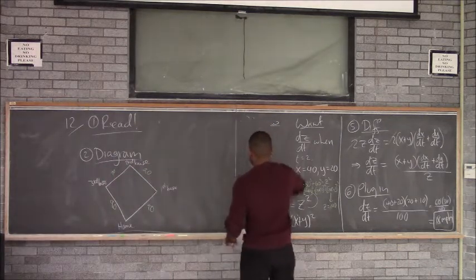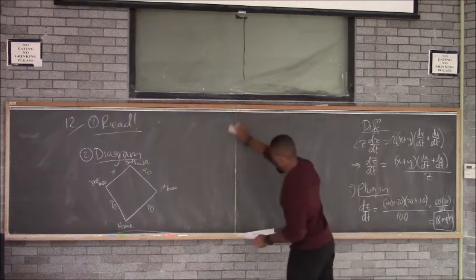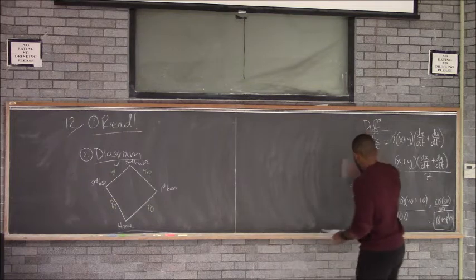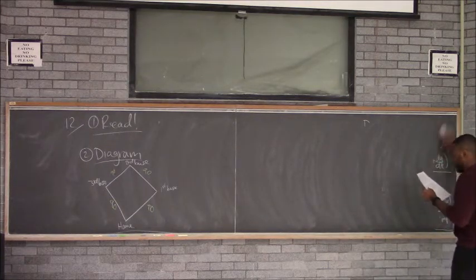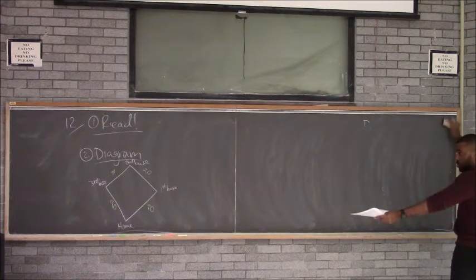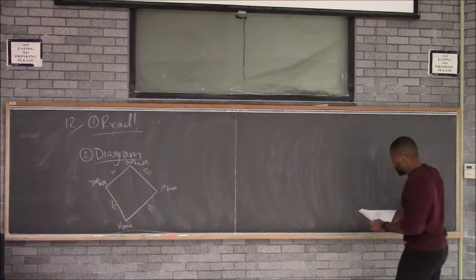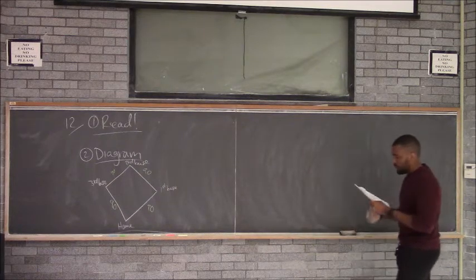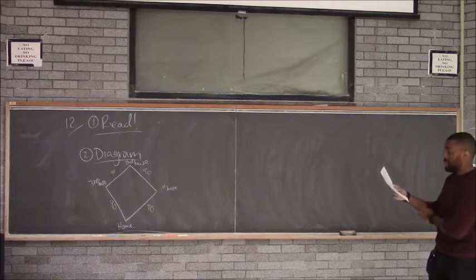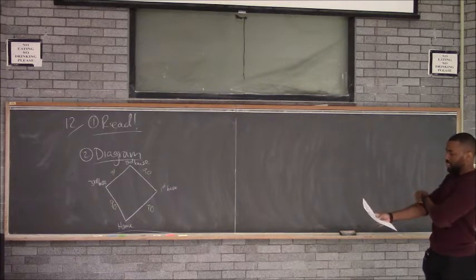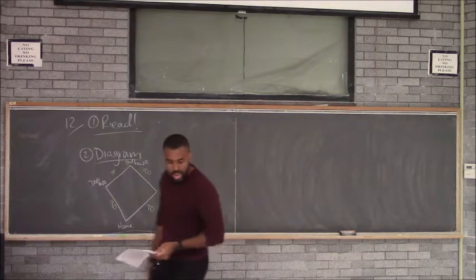Okay, now what? What do we care about? What are we measuring here? So a batter hits the ball. The batter would be at home when he hits the ball. And then he runs to first base. And he's moving with a speed of 24 feet per second. That's really fast. Okay, so how do we put that on the diagram?